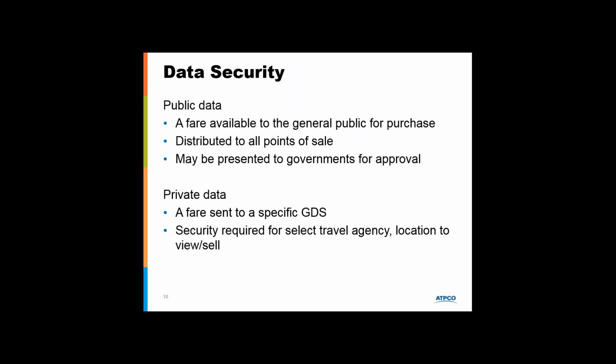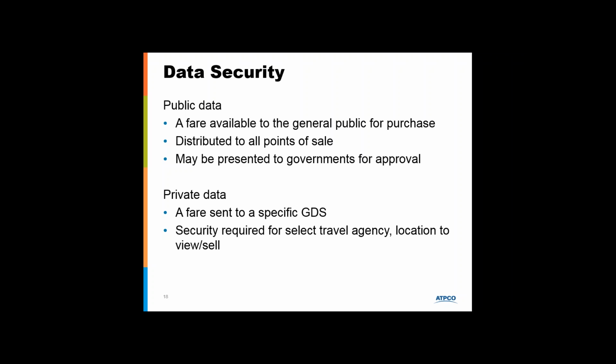Then we have what we call private data. Private data is what we have special security in our system that we send only to particular GDS pricing systems that only a particular travel agent can access. So the view and the sell of that data may not necessarily be by the airline themselves.